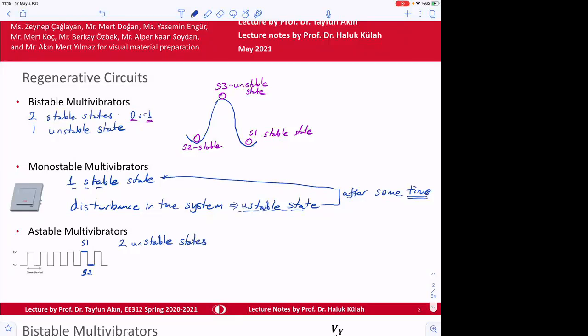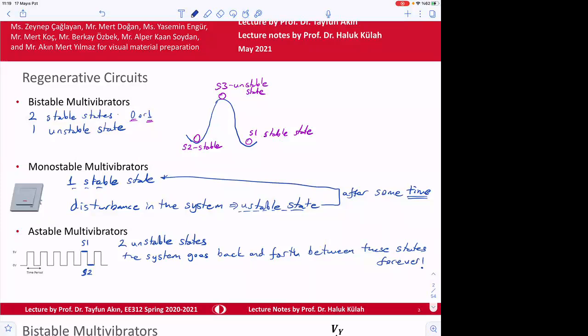The system goes back and forth between these states forever.